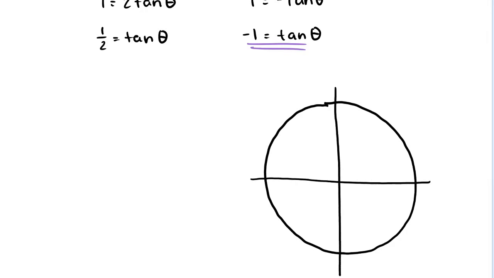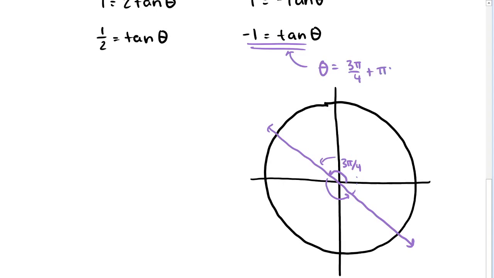And so here we get a slope of negative 1 when we're at 3 pi over 4, or any multiple of pi added onto that. Right? If we go halfway across the unit circle, we'll end up with another angle that has a slope of negative 1. And so here we get solutions when theta is equal to 3 pi over 4 plus pi n.